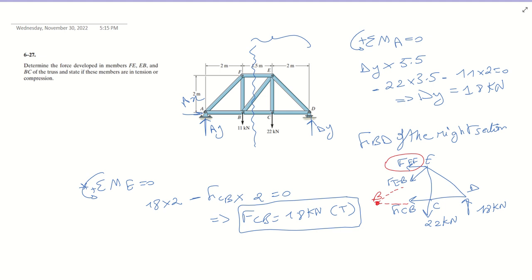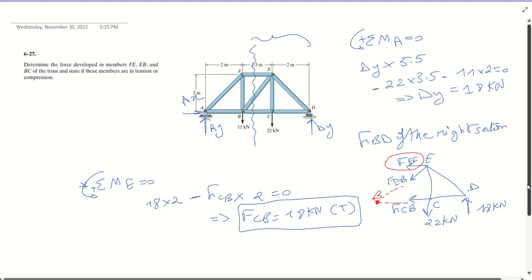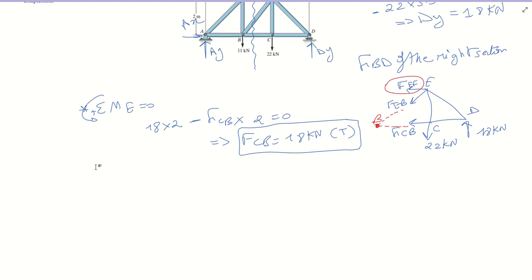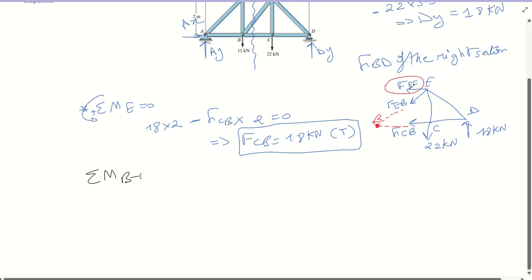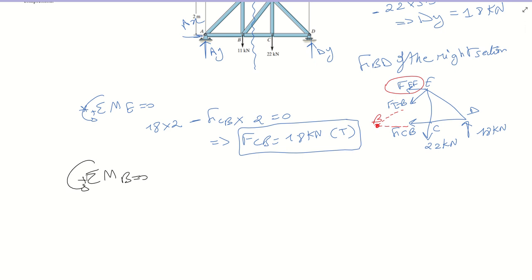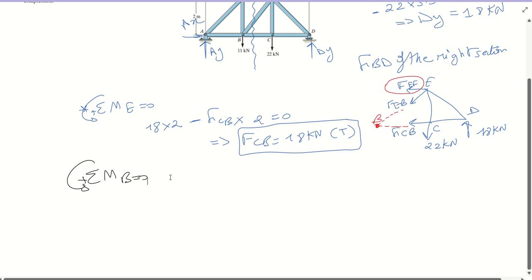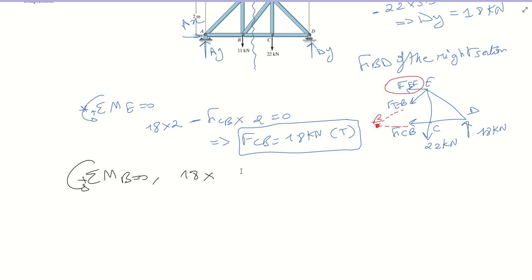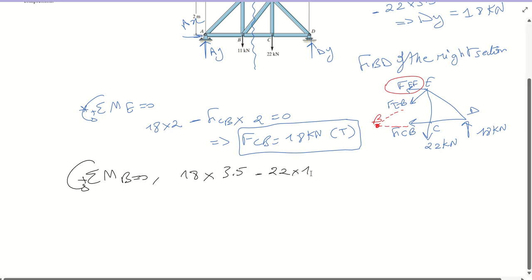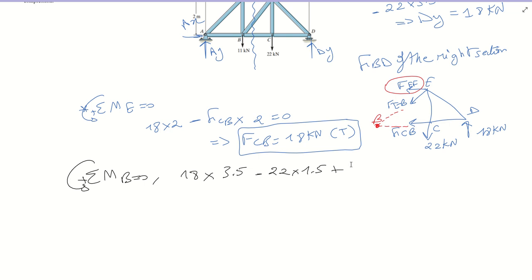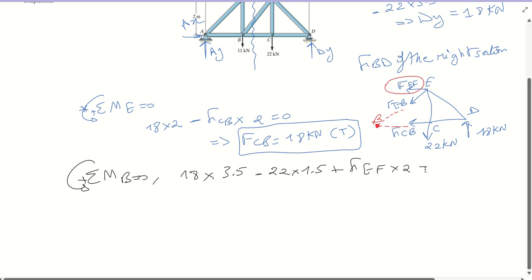Okay, so summation of moment about B is equal to 0. This is my positive sign convention. So I have here plus 18 multiplied by 3.5 minus 22 multiplied by 1.5 plus FEF multiplied by 2 is equal to 0.